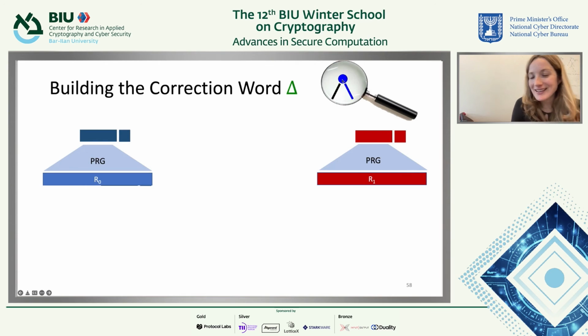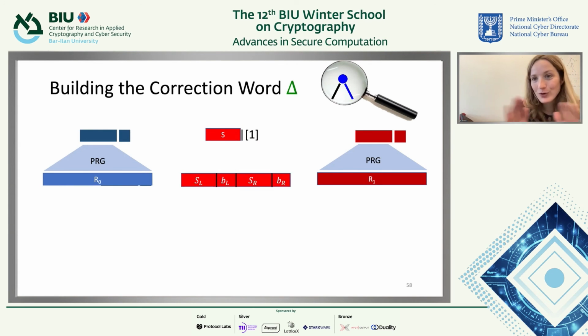From the DPF construction, I know that at this node, I have the invariant that the two strings are pseudorandom independent and the two bits we're holding are opposite. As before, I'll take the string and expand it out, and I get some longer pseudorandom strings. This is so far identical to before.